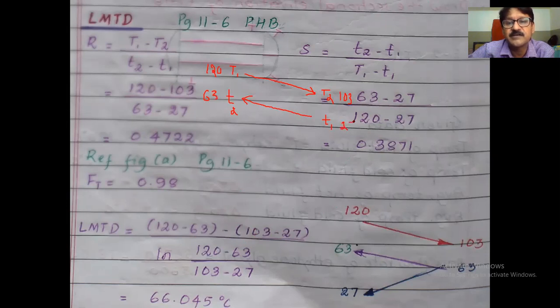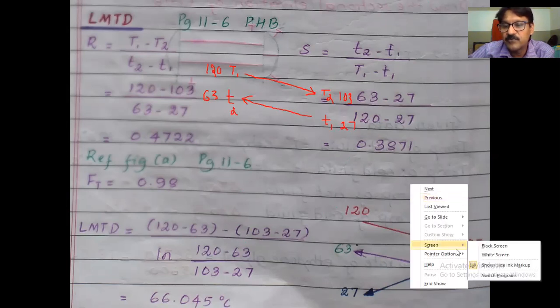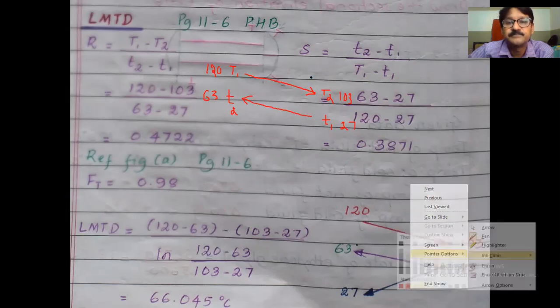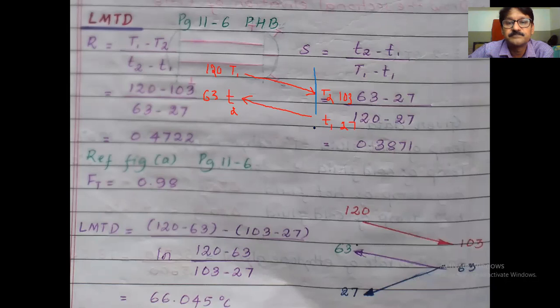Is there any confusion? First write it. For LMTD, you draw this profile. Okay, I'll show the profile again. You write like this. This is the temperature profile. This is moving this way, and this is moving this way.